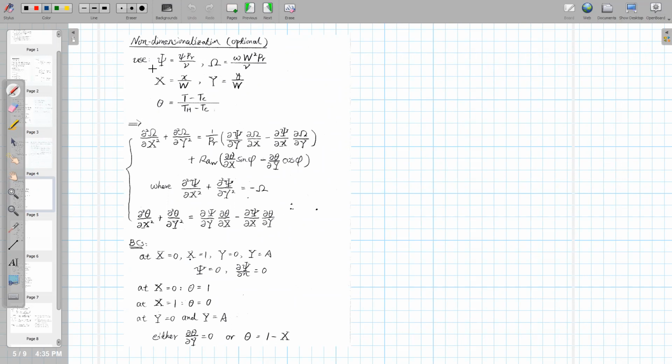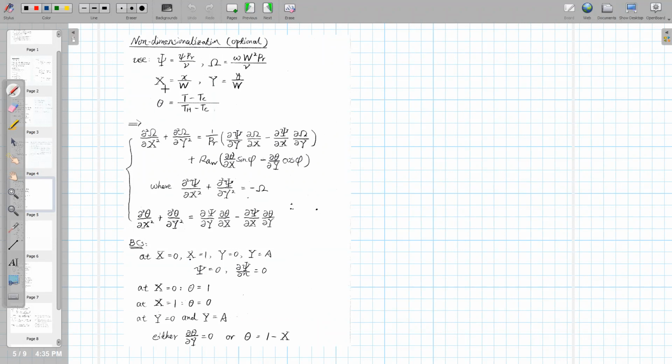You can define a dimensionless stream function psi, which is psi times the Prandtl number divided by the kinematic viscosity nu. And you can define the dimensionless vorticity omega, which will be equal to small omega times W squared, where W is the width of the enclosure, times the Prandtl number divided by nu.